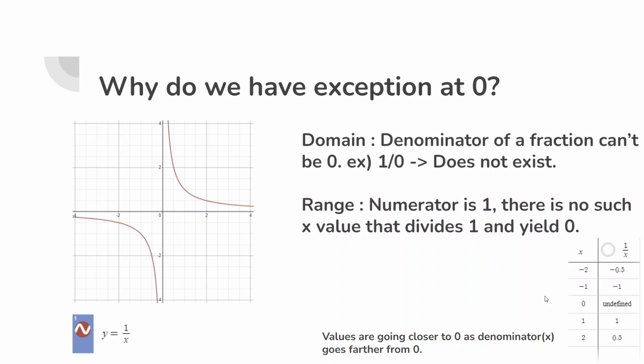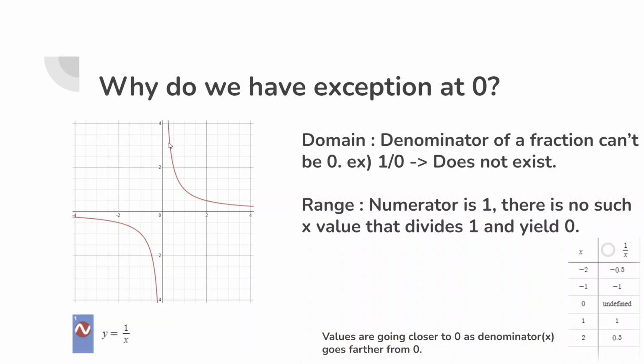Here's a table about x and its reciprocal function. As you can see, if we plug in 0 for x, then the reciprocal function or 1 over x is undefined. And also the values are going closer to 0 as the denominator or x goes farther from 0.